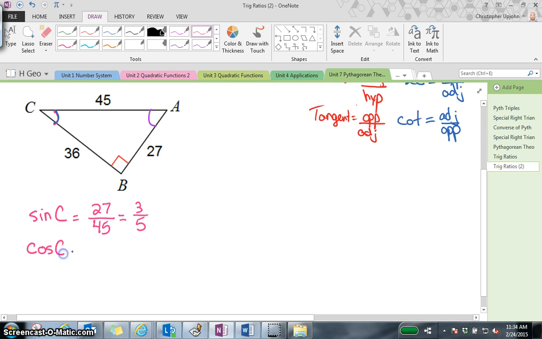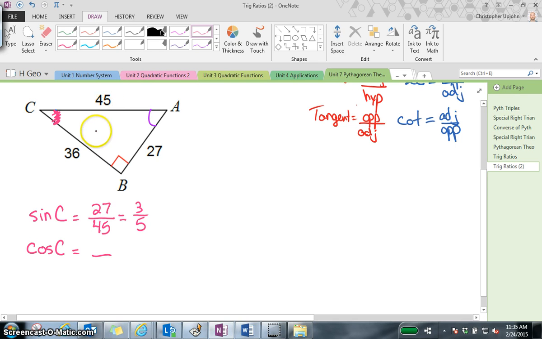Now, cosine. We're using this angle. Cosine uses what sides? Adjacent and hypotenuse again. Now, it's adjacent leg. Because technically, what is adjacent a fancy word for? Next to. So we have two sides next to it. We have 45 and 36. But 45 is not our leg, it's our hypotenuse.